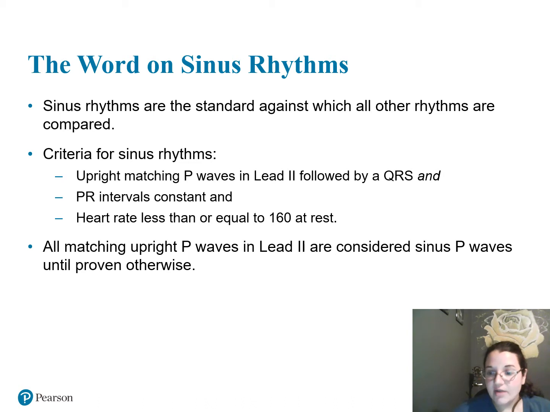Well, you'll see what I mean when we talk about these rhythms coming up, because you can have a fast heart rate but still be considered a normal rhythm, depending on what your other symptoms are. So all matching upright P waves in lead 2 are considered sinus P waves until proven otherwise.